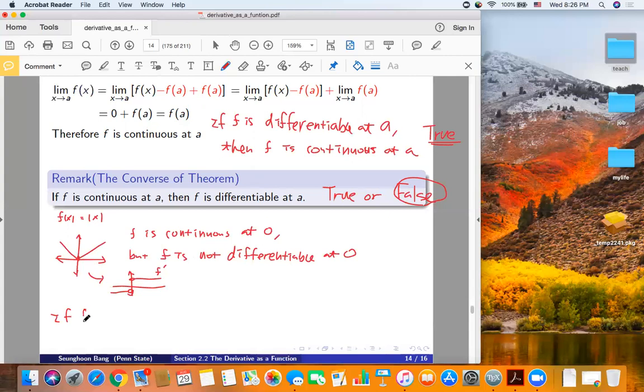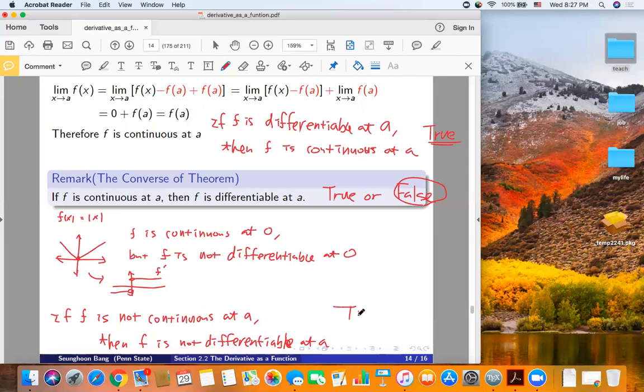So if function f is not continuous, sorry, if the function f is not continuous at a, then function f is not differentiable at a.